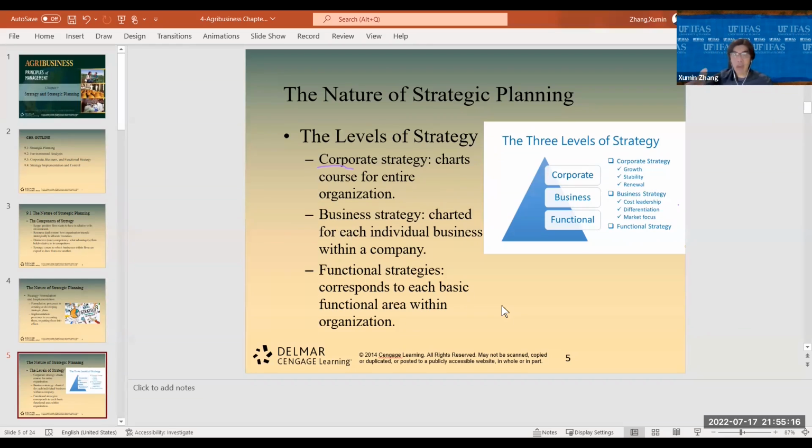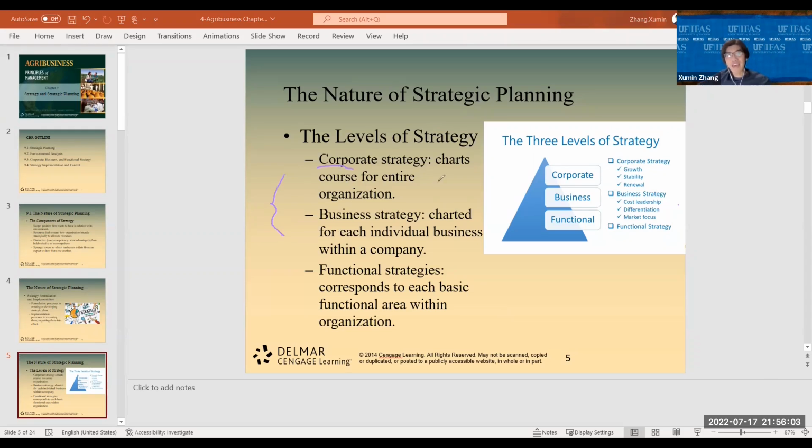Functional strategy, we have talked about marketing strategy, pricing strategy. We will have something we call HR strategy, human resources strategy. Those are comparatively specific, but they more support the business strategy, and then the business strategy supports the corporate strategy.